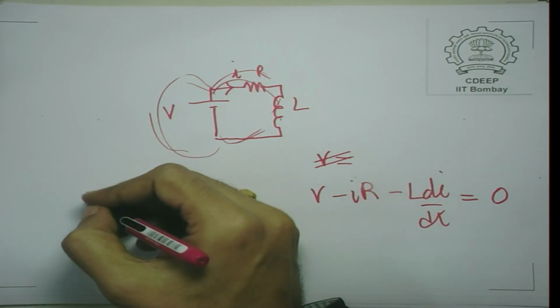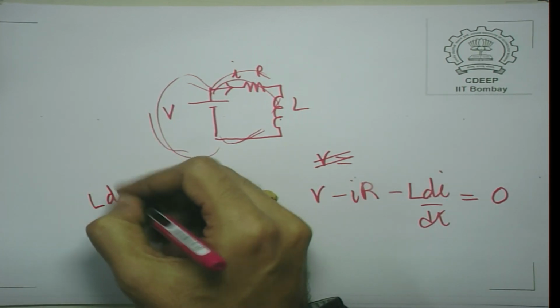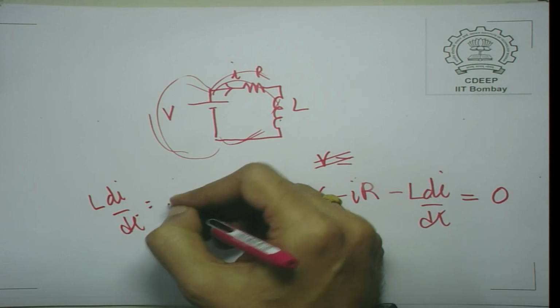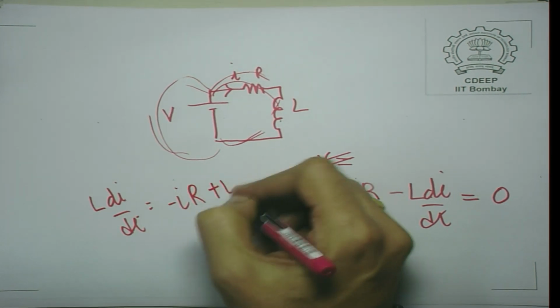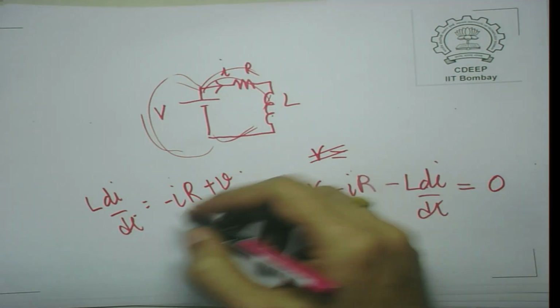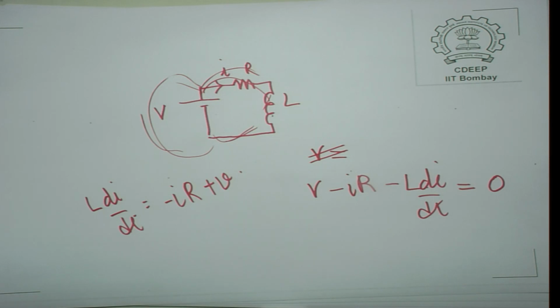So, this equation can be written as L di by dt equals minus IR plus V.